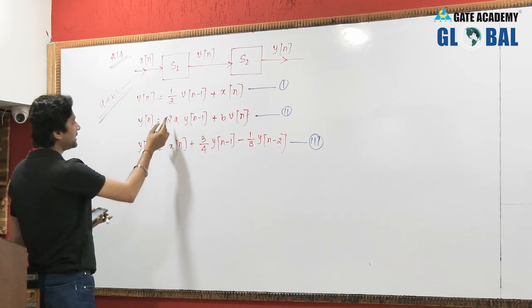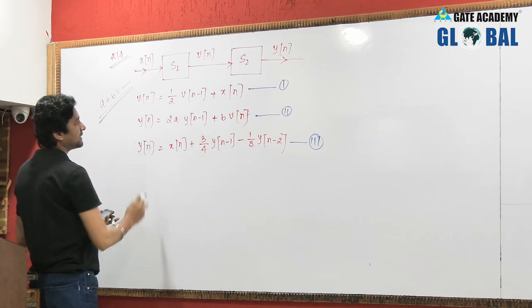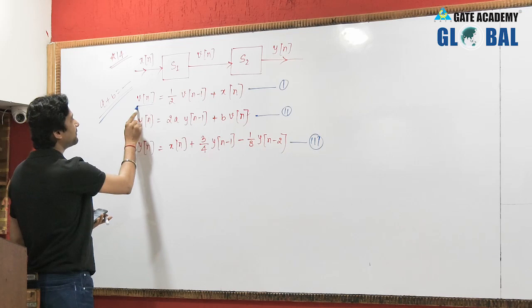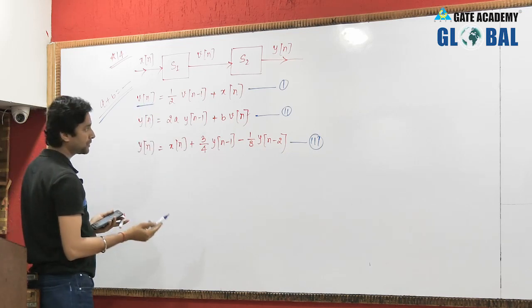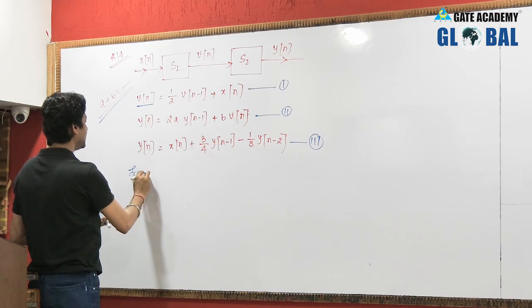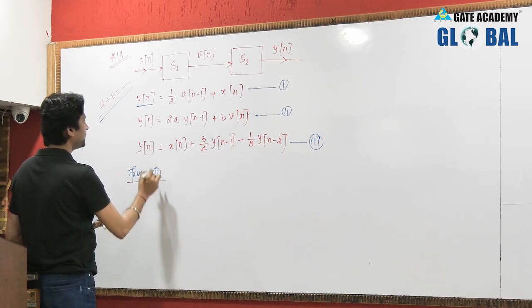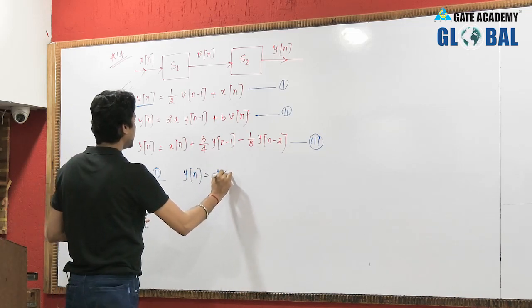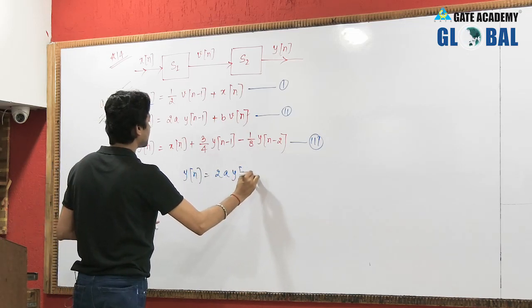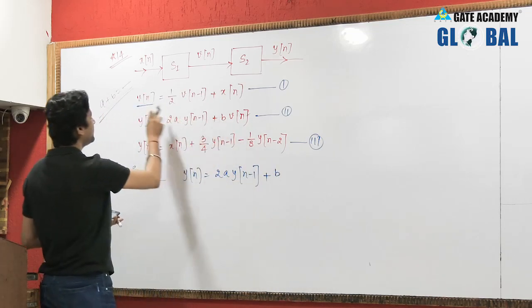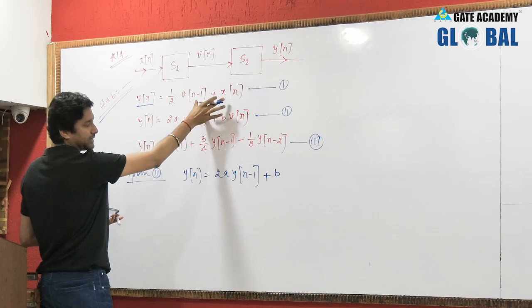Now, from equation 2, y of n is related in terms of y of n and v of n, and in equation 1 you have the value of v of n. So from equation 2 you can write y of n equals 2a times y of n minus 1 plus b times v of n, and v of n is given as this value.